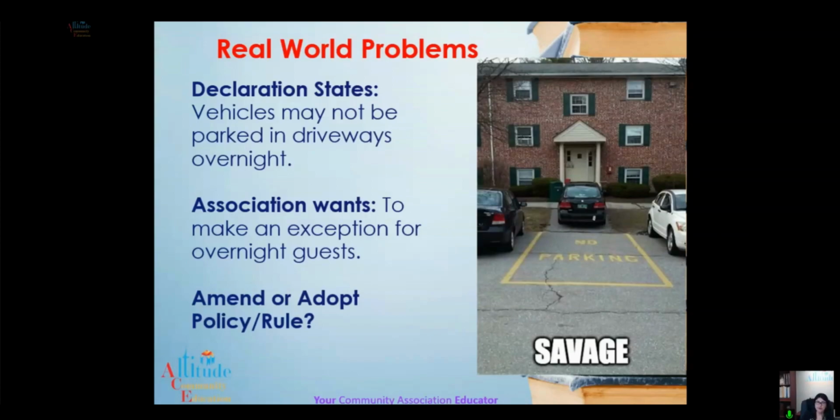It doesn't matter if you agree with this covenant that prohibits overnight parking on the driveway. You don't have to agree with it. You have to enforce it. And so when you get to the point where your board's not wanting to enforce this, you definitely want to start looking at an amendment, because you're not going to be able to change it through a resolution or a rule.